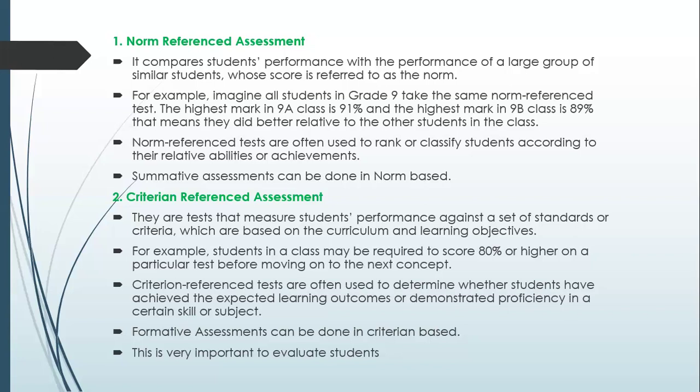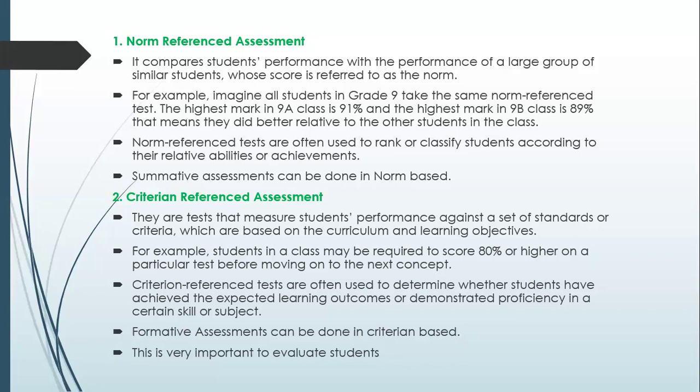Summative assessment comes under this norm-based. As we discussed, summative is at the end of the term or the academic year, when we give assessment. So that is norm-based. Take the example of O-level, A-level or the scholarship examination. In the scholarship examination, the pass mark is given according to the district.